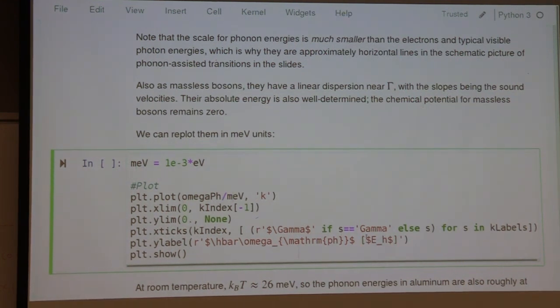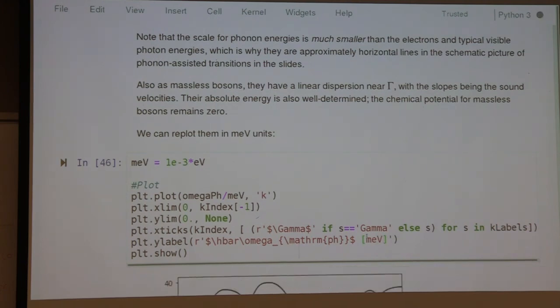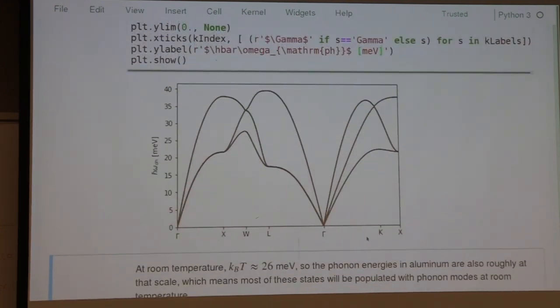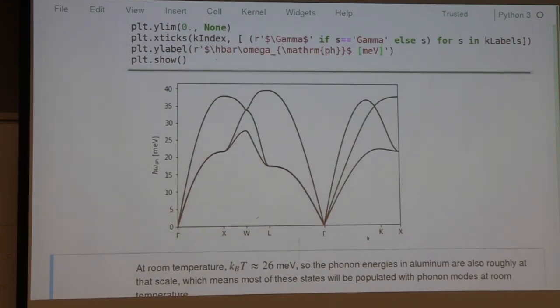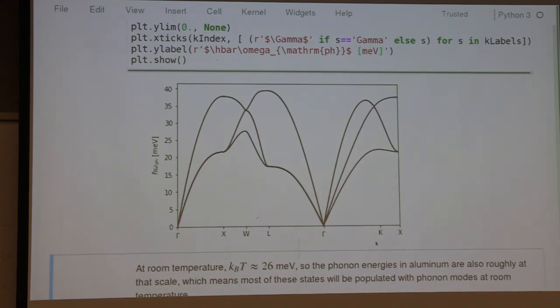If you looked at this in milli electron volts, this would be on the tens of milli electron volt scale, right? And room temperature at 300 Kelvin, kBT is around this value.